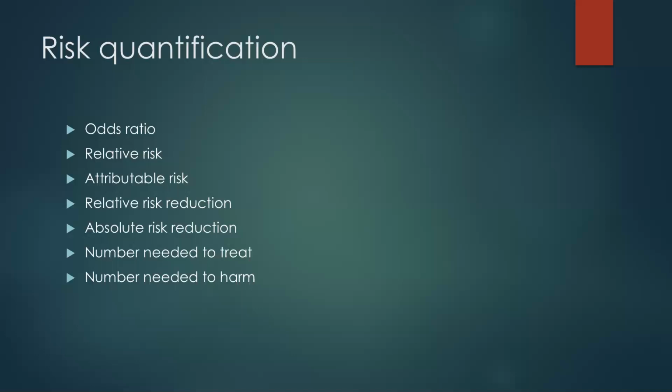Like I said, if the relative risk is 10, now what is the attributable risk? Attributable risk is event rate of risk factor minus the event rate of control. So what is the event rate of a risk factor? How many smokers are developing lung cancer is the event rate of the risk factor? A by A plus C minus what is the event rate of control?